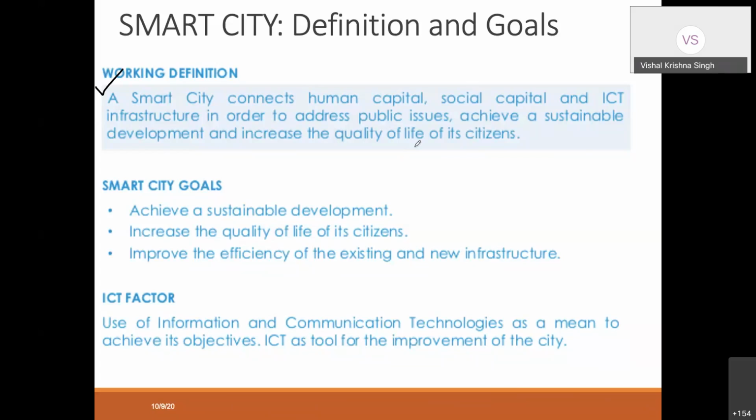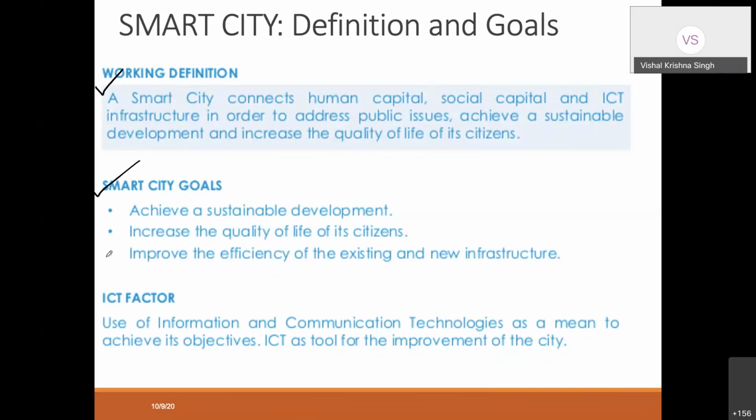With having discussed the definition of the smart city, the smart city goals must be quite clear: we are supposed to achieve sustainable development, we are supposed to increase the quality of life of its citizens, and we are supposed to improve the efficiency of the existing and the new infrastructure.